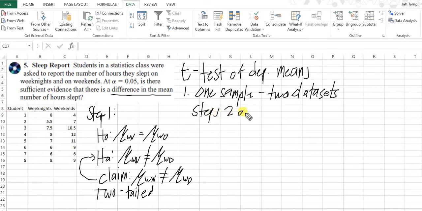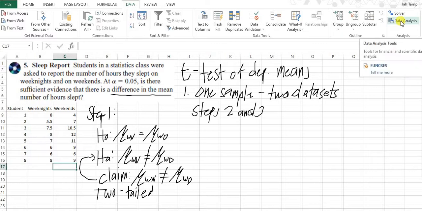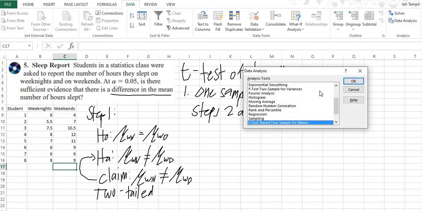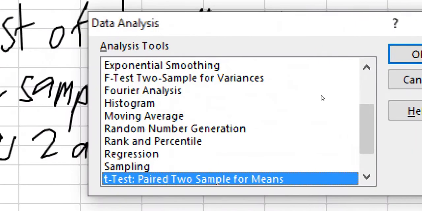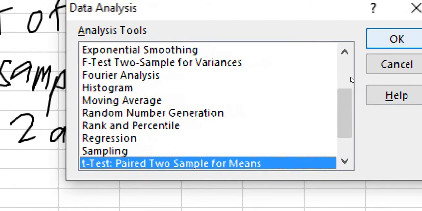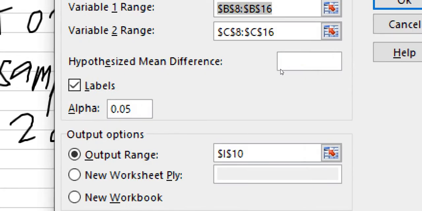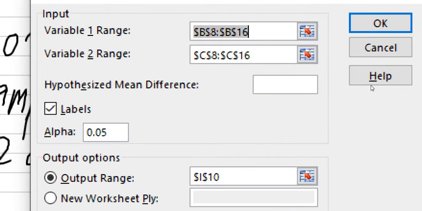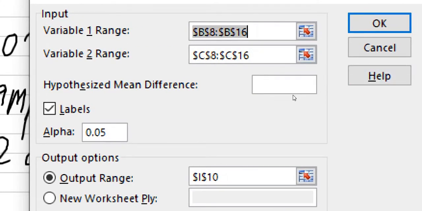Alright, so now we go to steps 2 and 3. Now we will use Excel to do our computations for us. We're already in the Data ribbon here. We go to Data Analysis, and as usual, we select t-test: Paired Two Sample for Means. We click OK, and we have the same dialog box that we have seen before.